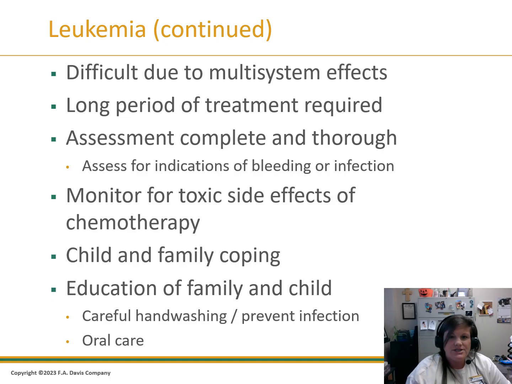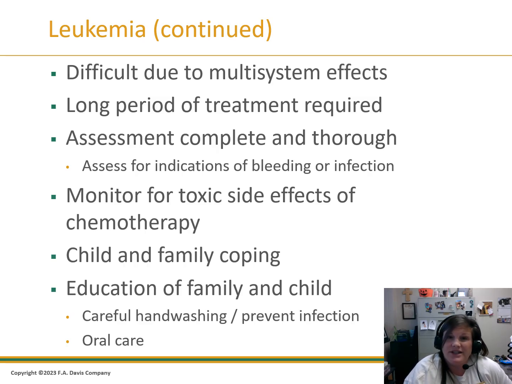Okay, so we're continuing to talk about leukemia and its multi-system effects. It tends to affect multiple systems of the body. There is a long period required for treatment. Having the knowledge of and the interpretation of a complete and thorough assessment is critical here, because this is where we pick up on those subtle differences that might be indicative of something going on in the body, more than just the typical presentation of sickness in a peds patient.